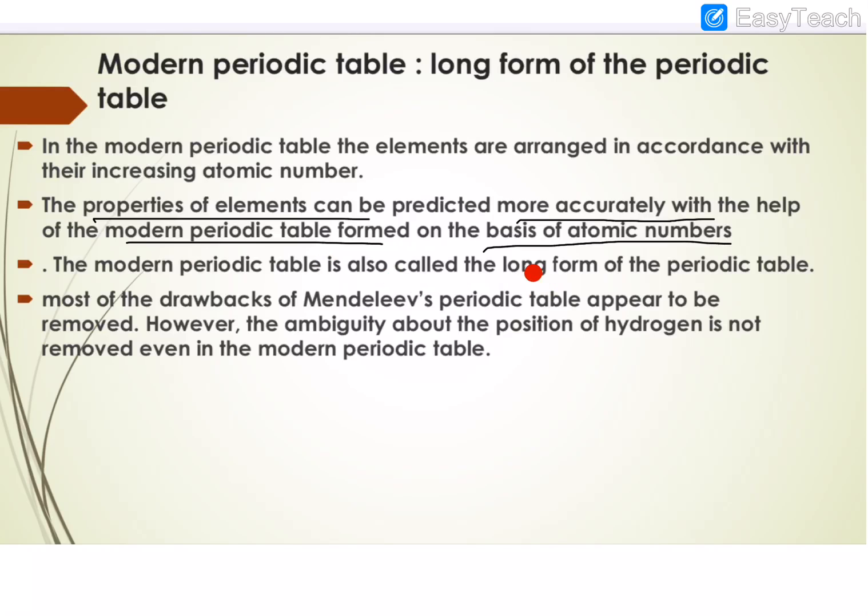Most of the drawbacks of Mendeleev's periodic table appear to be removed in the modern periodic table. The ambiguity about the position of hydrogen is also removed in the modern periodic table, since it is based only upon the atomic number.